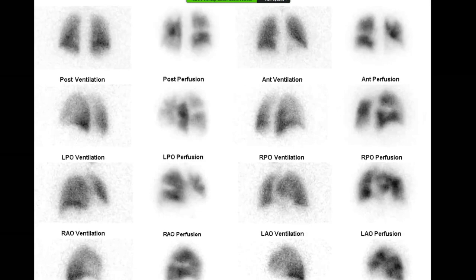And they are asking what are the corresponding darker areas on the perfusion scans? If you're talking about this area here, in the anterior perfusion as well, remember that when you do the perfusion scan, you inject the radiopharmaceutical.